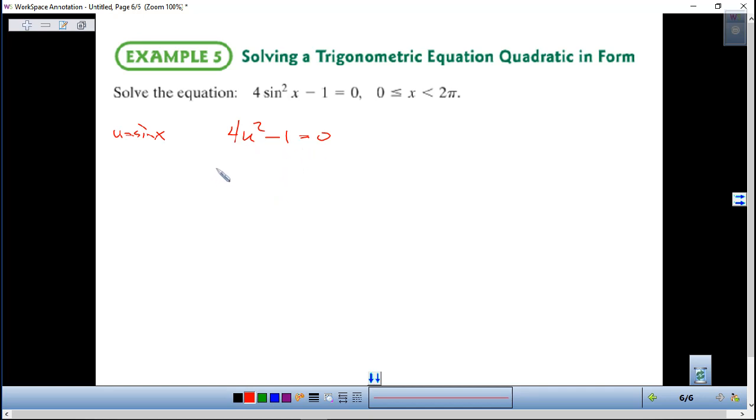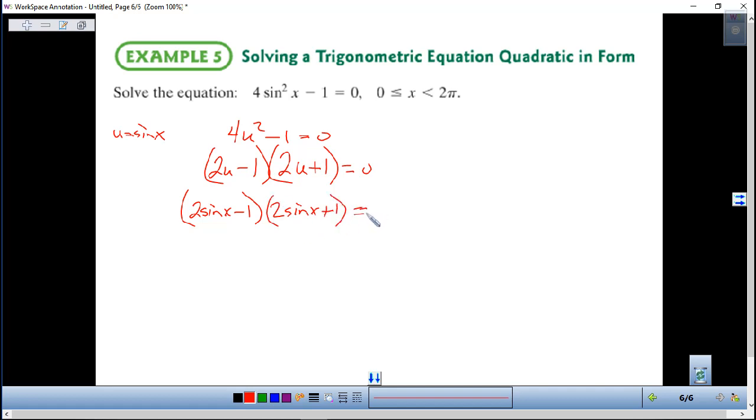And I can factor this into 2u minus 1 and 2u plus 1 equals 0, because I know that's a difference of squares. That's a perfect square, that's a perfect square, so it splits up this way. So then I can put my sine x back in. So 2 sine x minus 1 times 2 sine x plus 1 equals 0.